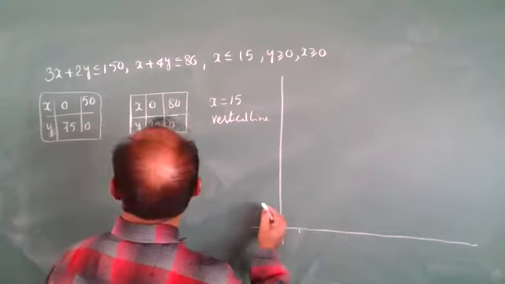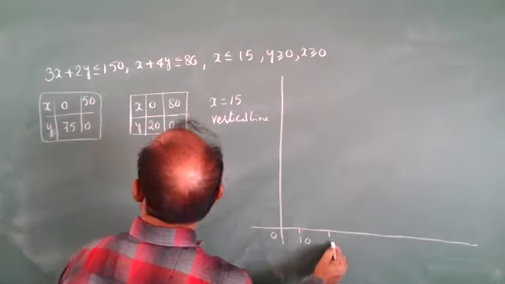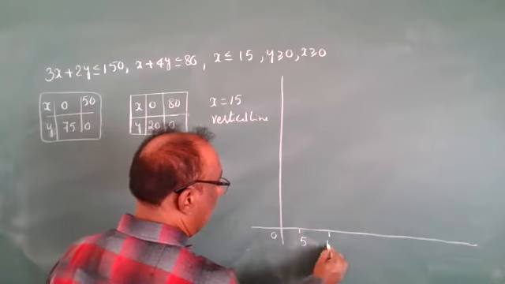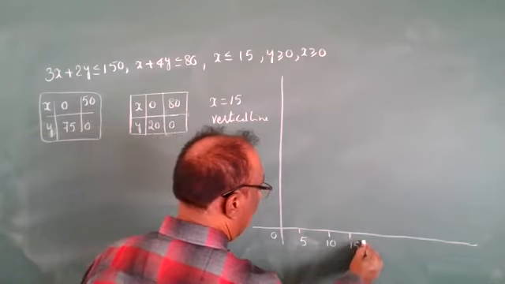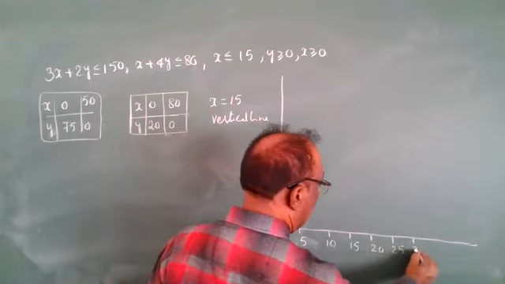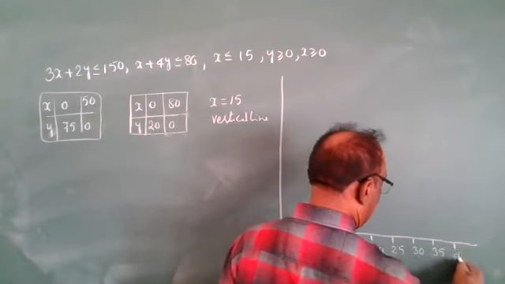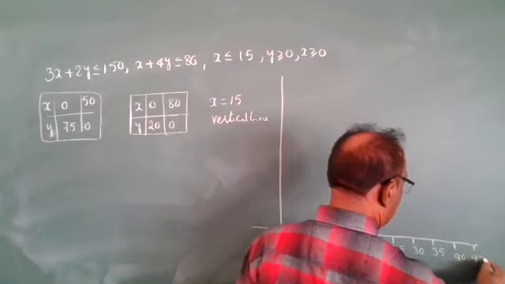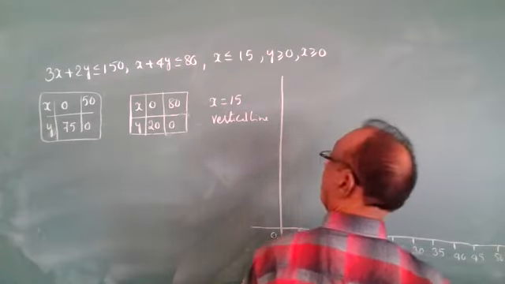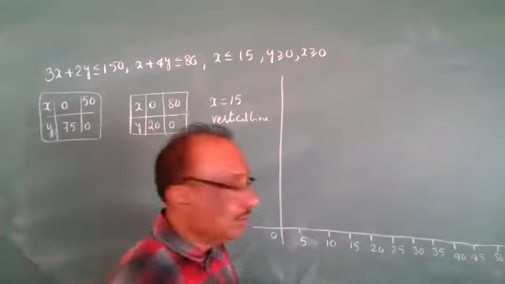Take 10, 10 on the axes. 10 means the problem will come, so take 5, 5. 5, 10, 15, 20, 25, 30, 35, 40, 45, 50, 55, up to 80 right now.